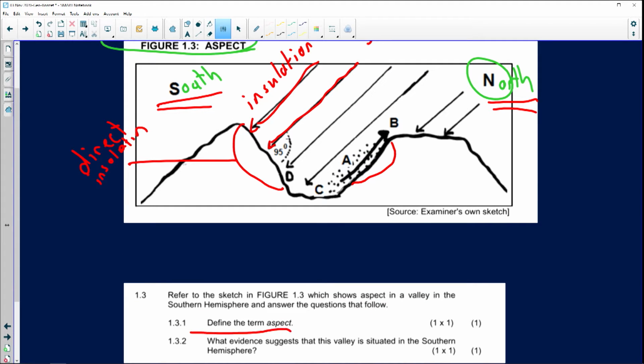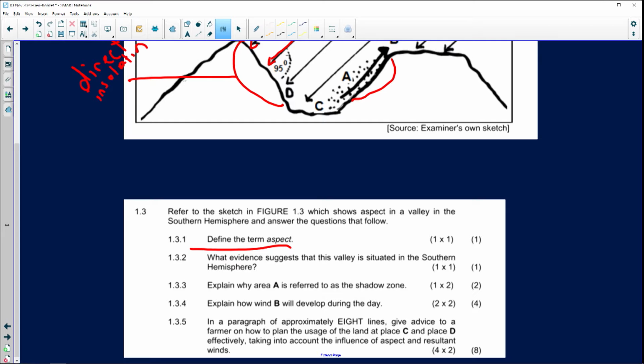define the term aspect. It's quite simple.